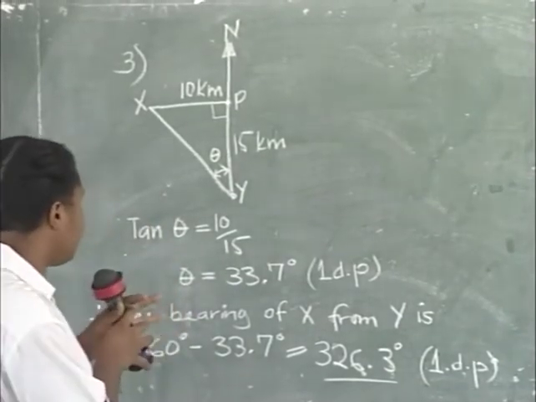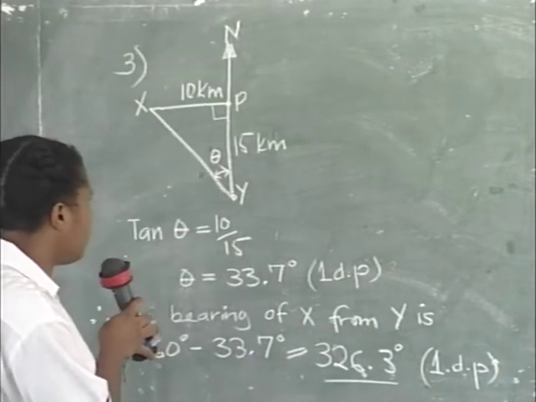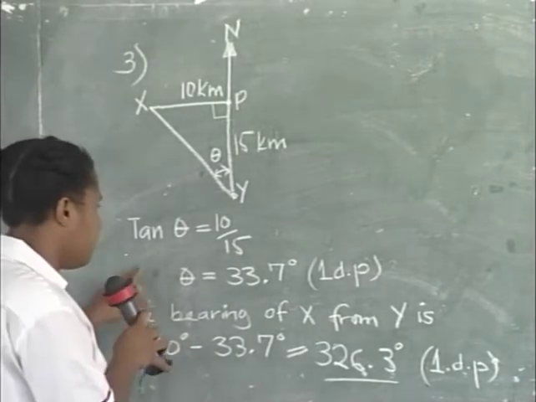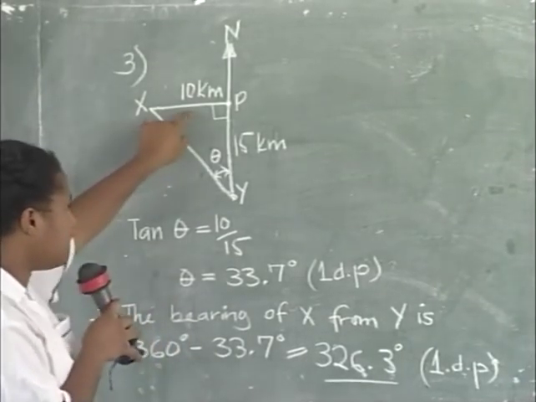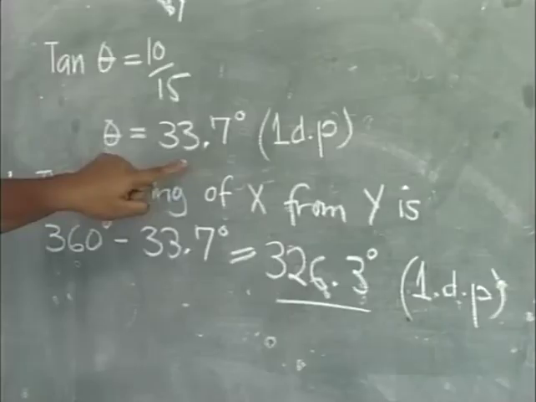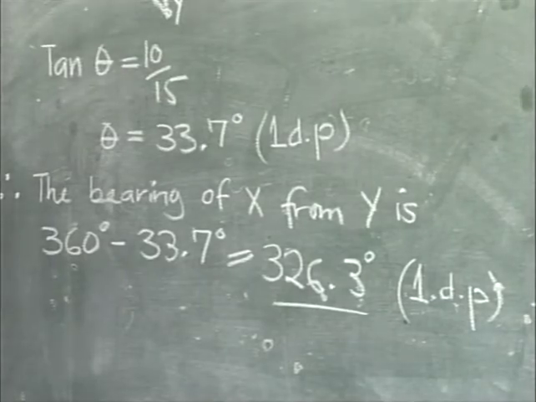Okay, firstly, we had to find this angle theta. Okay, and I used the tan ratio, which is the opposite over the adjacent. So angle theta equals 33.7 degrees to 1 decimal place.